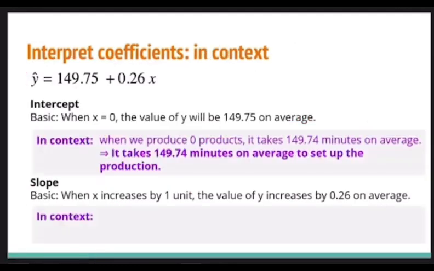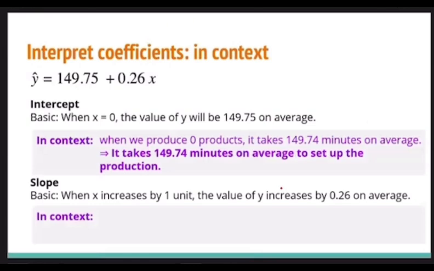So here now, to answer the question, let me just quickly prove that. Okay, when s equal to 0, now I need you to pay attention. In interpretation, we have two forms of interpretation. We have the basic one. The basic one is the mathematical one. And we have the one according to the context, like the question.